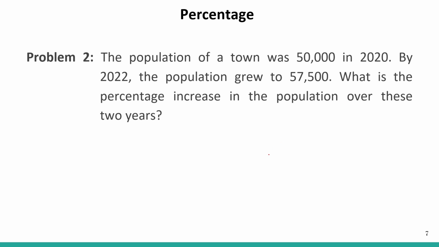Let's see problem number 2. It says that the population of a town was 50,000 in 2020. By 2022, the population grew to 57,500. What is the percentage increase in the population over these 2 years?